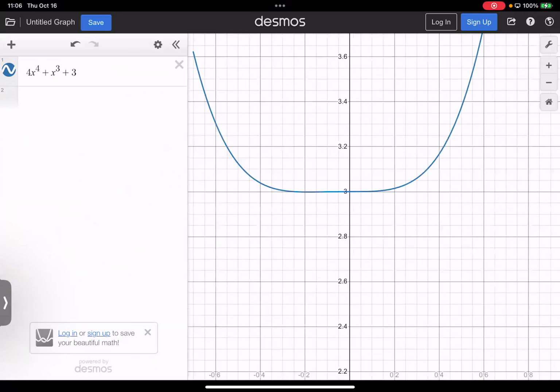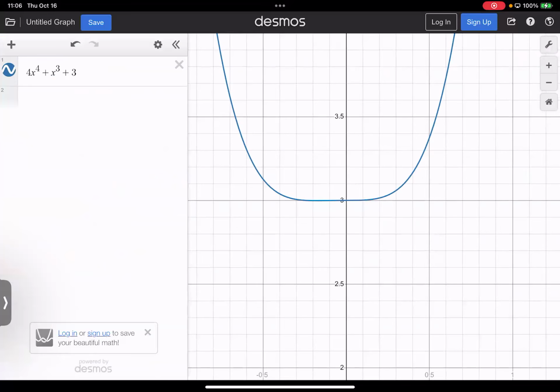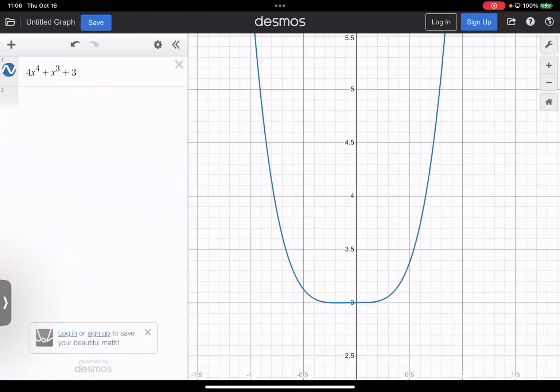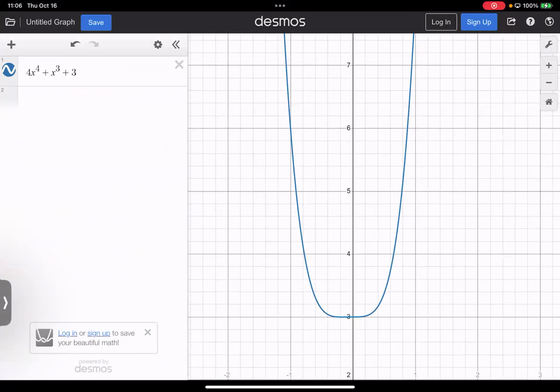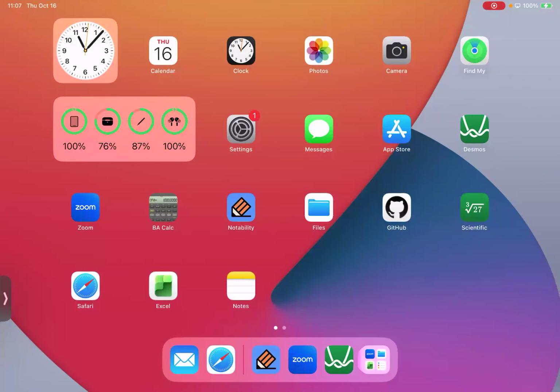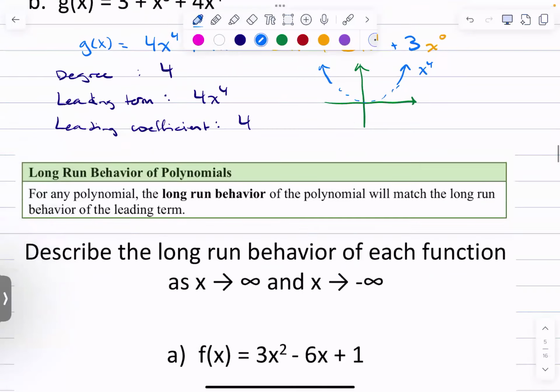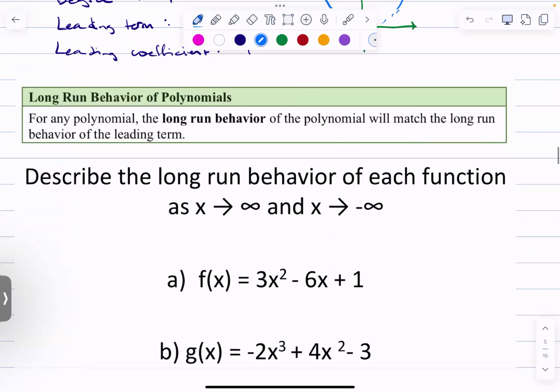Okay, still kind of boring, but overall end behavior is still a problem. So the long run behavior, or what I call the end behavior, is going to match the long run behavior of the leading term, right? Just as we've seen.